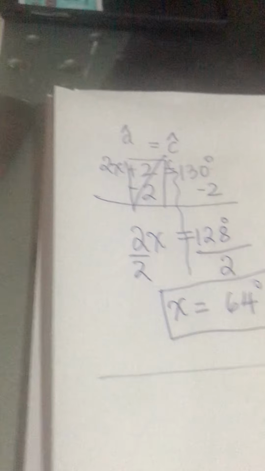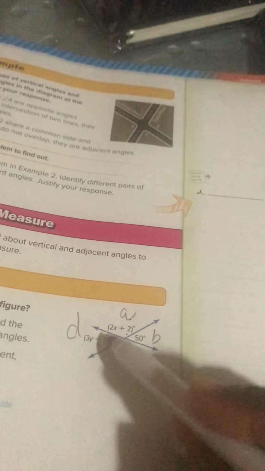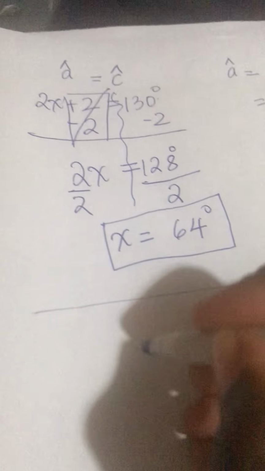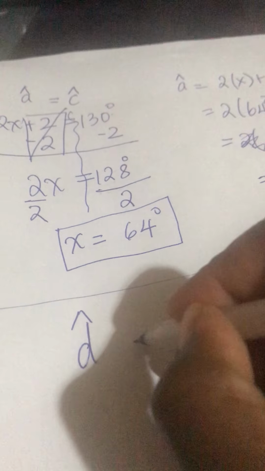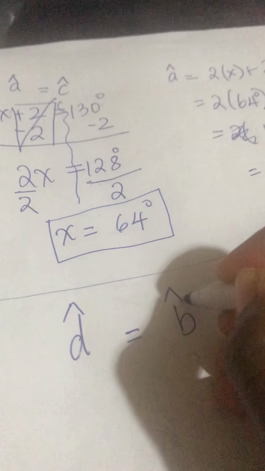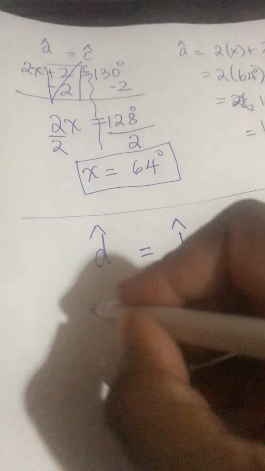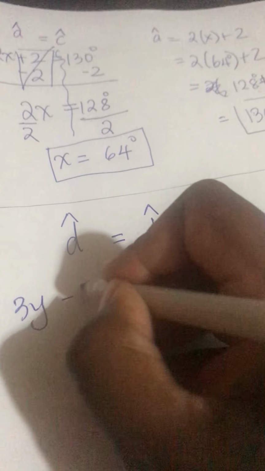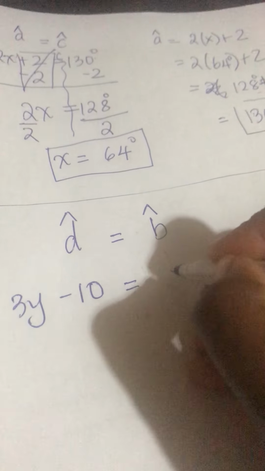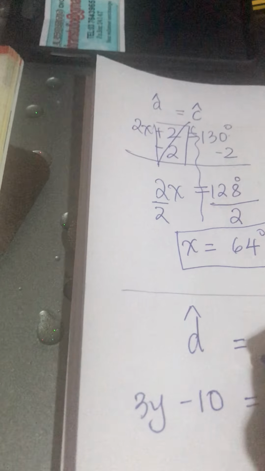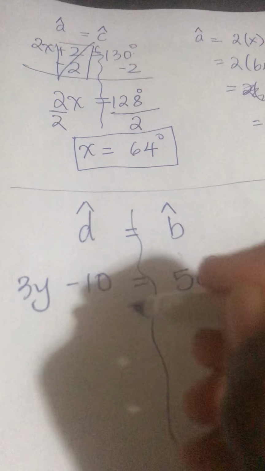Now, let us do D and B. Angle D is equal to angle B. Angle D is 3y minus 10, which is equal to 50 degrees. Let me put my bridge.